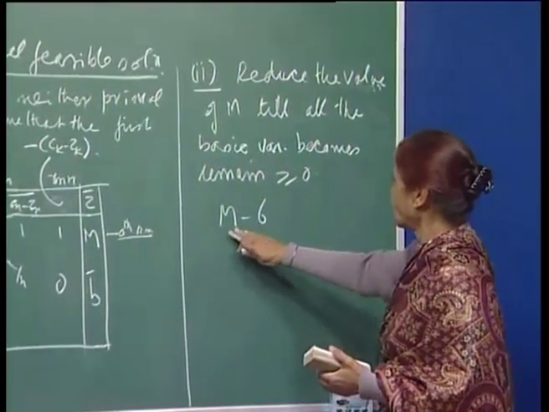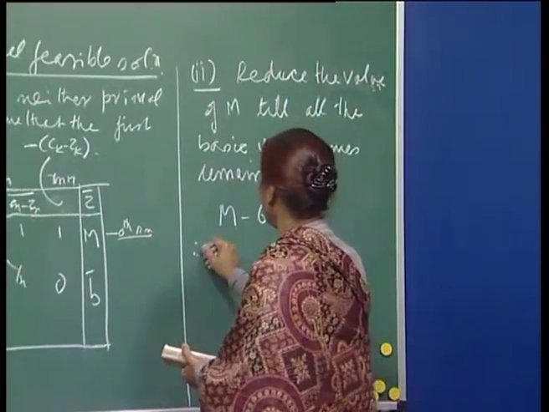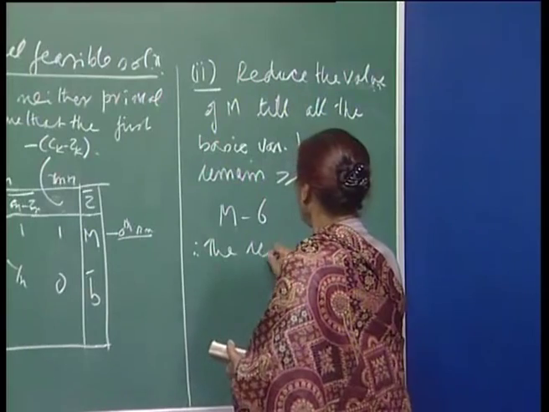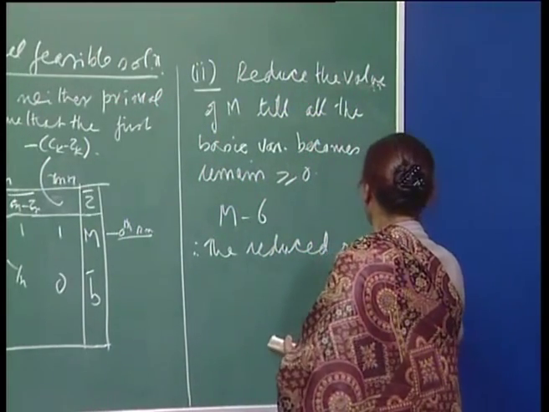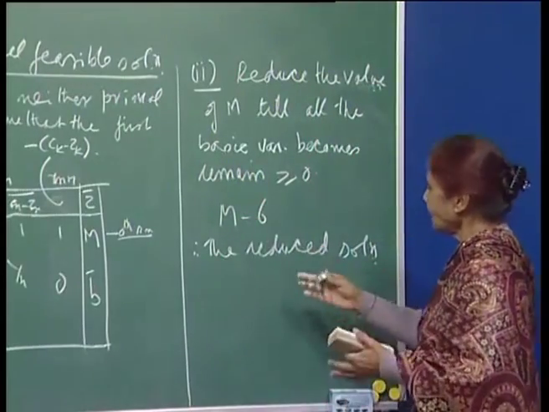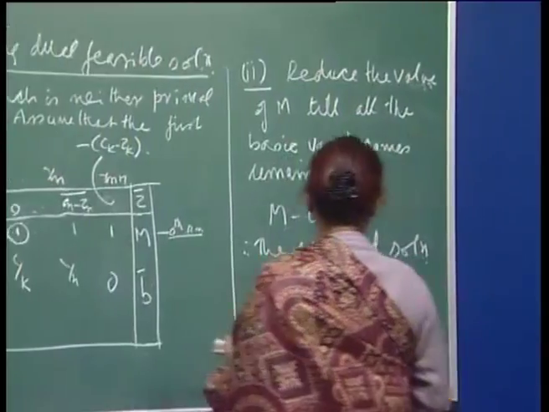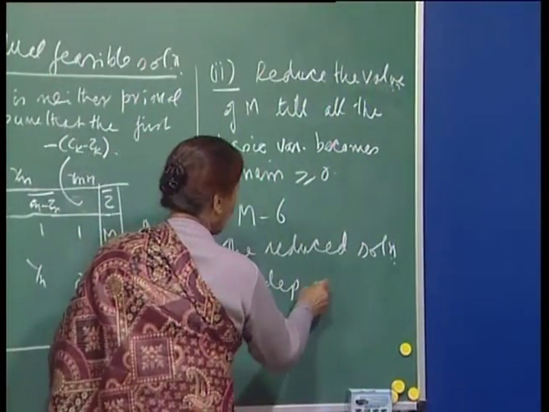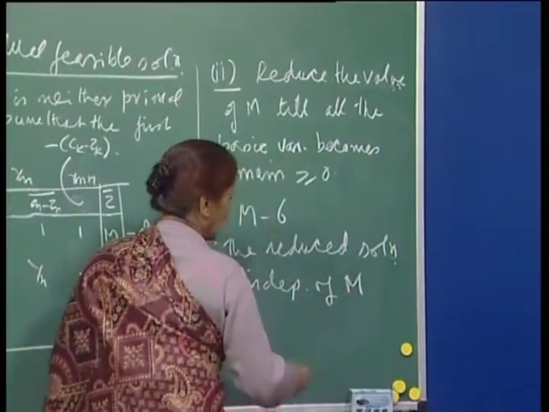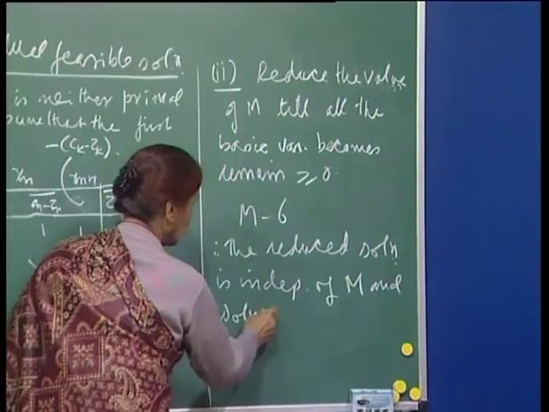That's the smallest value you can go to, and that gives the reduced solution. So you will fix the value of M like that, and then what you have will be independent of M. So the reduced solution is independent of M and solves the original problem.